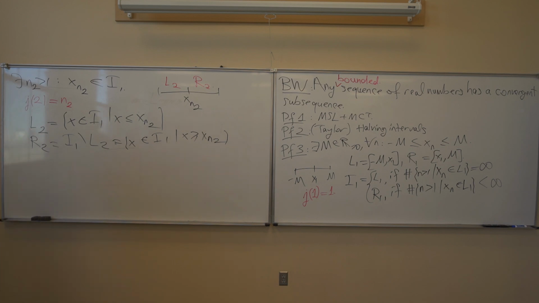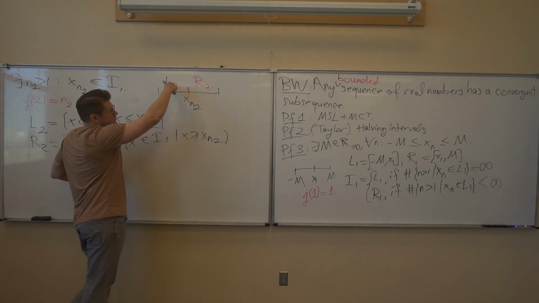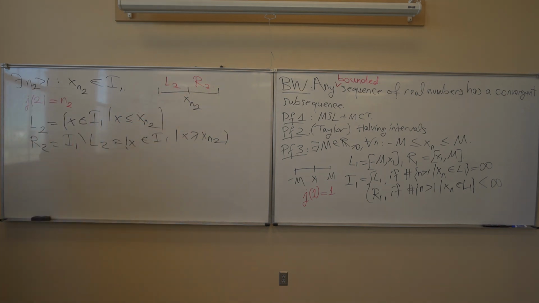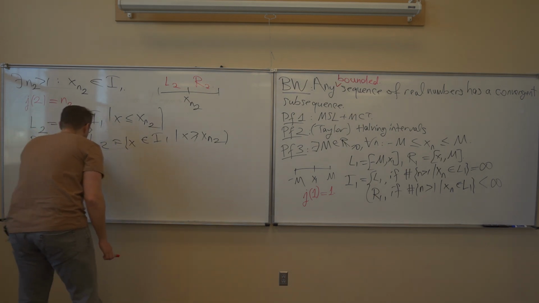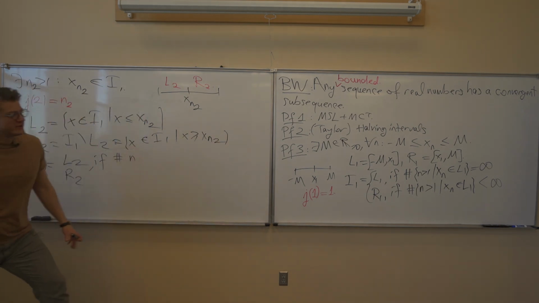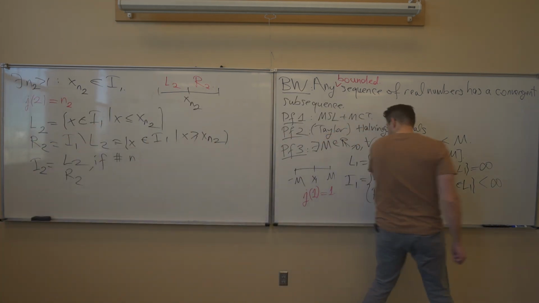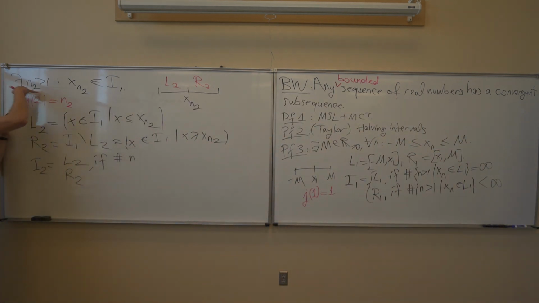Now what is the next step? Now I need to define an I2, and I'm going to define I2 depending on whether or not my sequence hits this infinitely many times or that infinitely many times. But now, instead of looking at times after 1, I'm going to look at times after n sub 2.